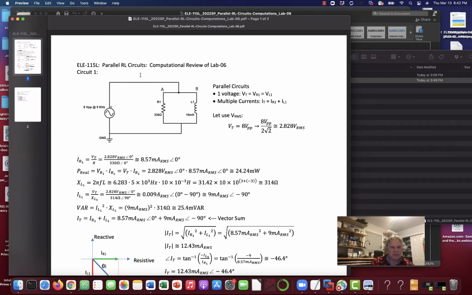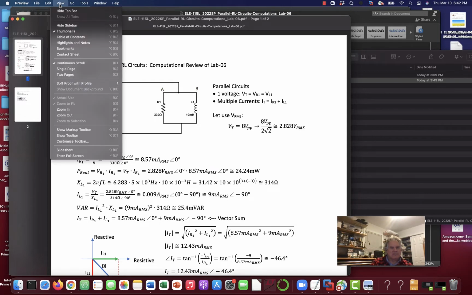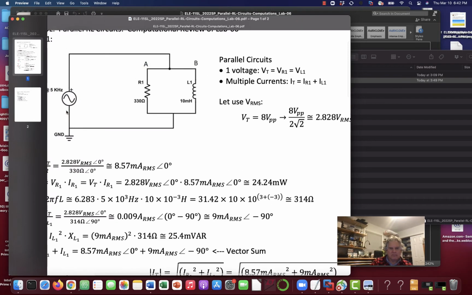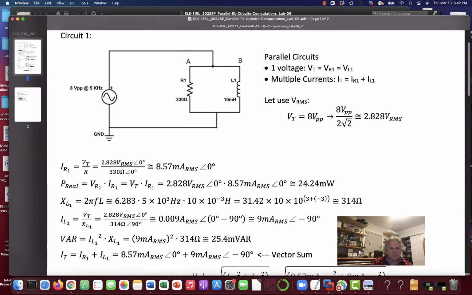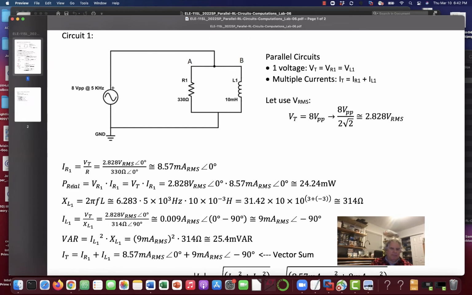volts RMS. Maybe I can make this whole thing a little bigger here. Here we go. So the current through R1, the voltage across it is V total, and the resistance, of course, is R. It's Ohm's law.